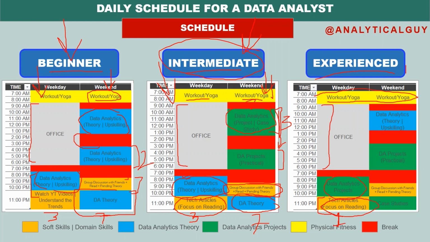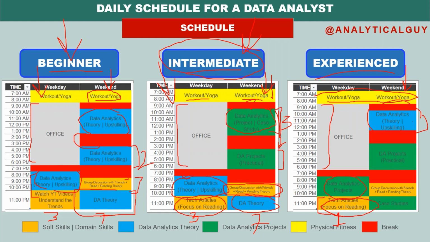If I talk about the weekends, then the major important time is from 10 a.m. to 1 p.m., similar to beginner and intermediate. This is the 3 hours where you are just working on your theory or upskilling, right? Even if you're an experienced guy, there are so many things which you don't know. Just focus on that. It is not hard and fast that you are studying for 3 hours.